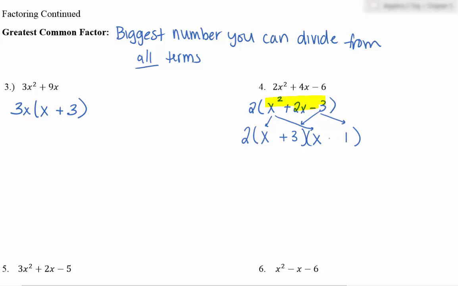And it has to be a positive 3 minus 1, right? 3x minus 1x is going to give me positive 2. So my answer is 2 times x plus 3 times x minus 1. So sometimes you have a GCF and it's going to hang out in front so we can factor the rest. But it doesn't always have a GCF, so always check.